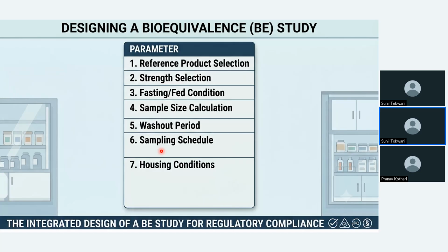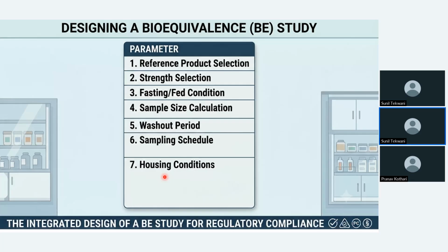What should be the sampling schedule? At what time points do we need to withdraw blood from human subjects? Housing conditions. How long will the human subject stay in the BE center? These 7 parameters we will try to understand. Then there are several other parameters as well, but they are not as important as these 7.